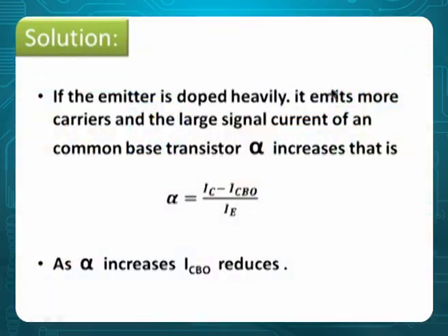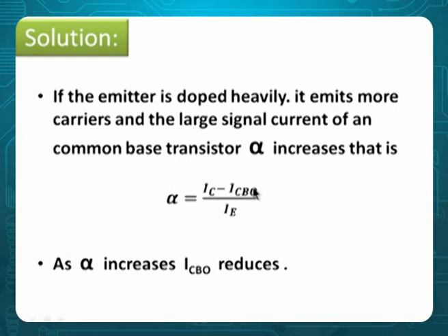Just now we have mentioned, if the emitter is doped heavily, it emits more carriers and the large signal current. Therefore, alpha is (IC minus ICBO) by IE. If you look at that, it is indirectly becoming IC is alpha times IE plus ICBO. Now, as alpha increases, ICBO decreases.